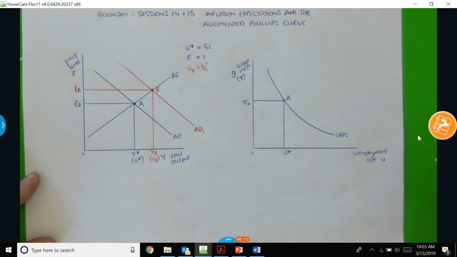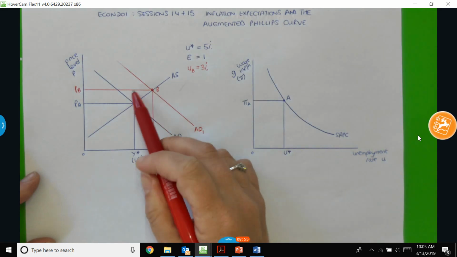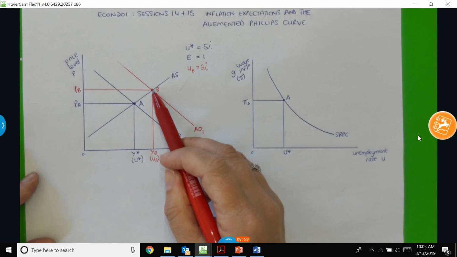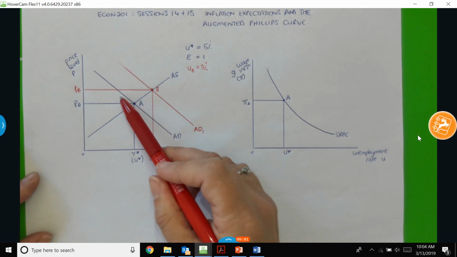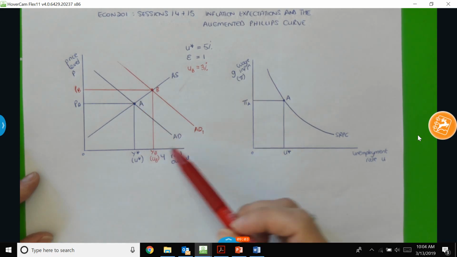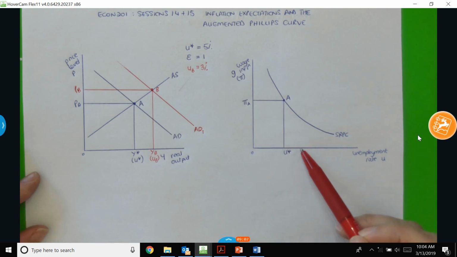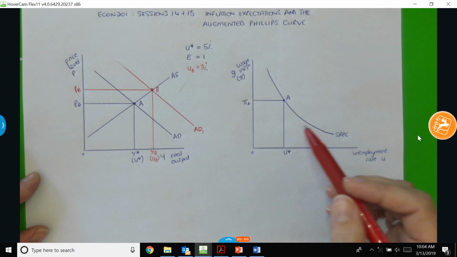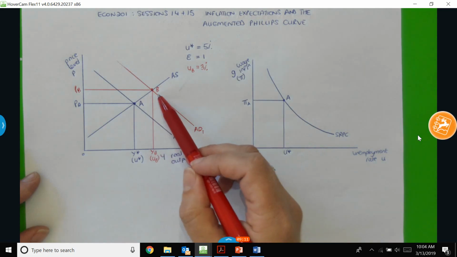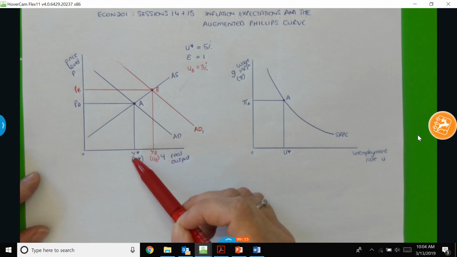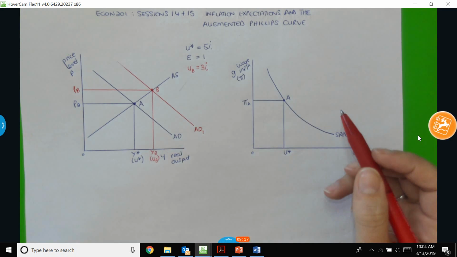How do we translate point B on the aggregate demand and aggregate supply model, where we're looking at the relationship between prices and output, to the Phillips curve, where we're looking at the relationship between inflation and unemployment? Well, when the demand for goods and services increased, the output level increased, which must mean that the unemployment rate declined.